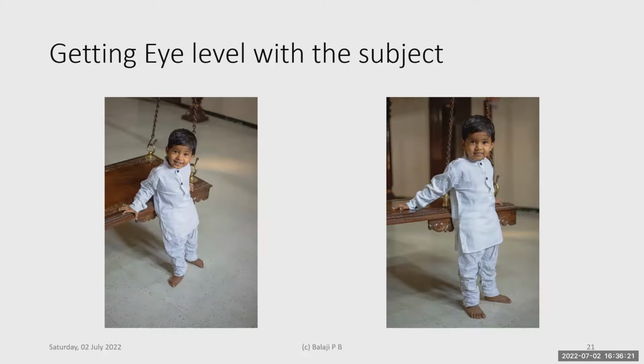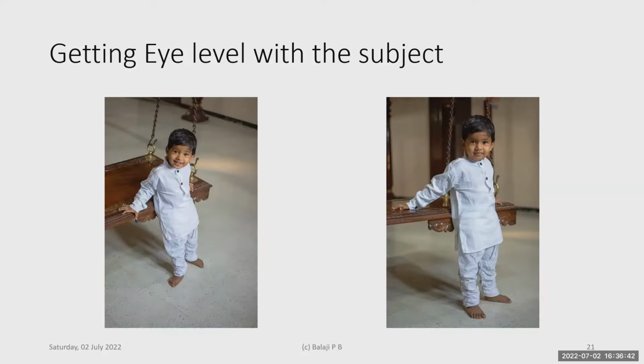You can just bring the mobile phone down and take the picture, framing the subject at eye level. So it's very simple to do with a mobile phone. Whereas with a DSLR, we actually physically have to get down to the ground level.